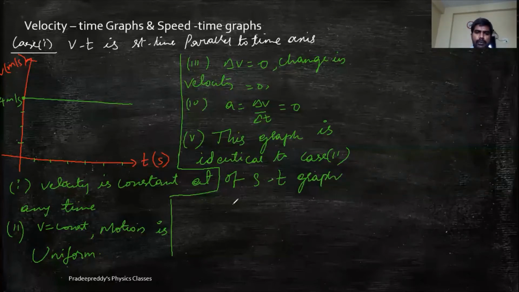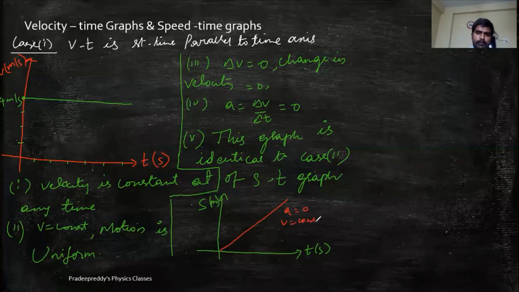Check it. What is the case 2 graph of ST? Displacement is in meter, time is in second, and it is a straight line passing through the origin. In this also, you get A equal to 0, V equal to constant and delta V equal to 0. Whatever information you get from case 2 of the ST graph, you get the same here also. This is a very important conclusion you should understand.